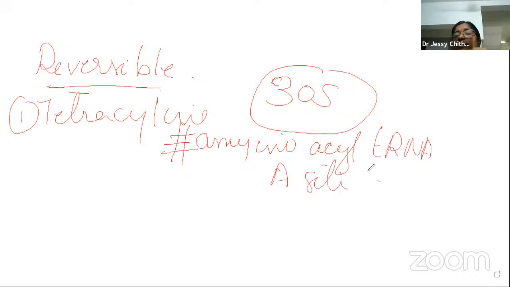Understand? They act on the 30S subunit by inhibiting the binding of aminoacyl tRNA to the A site. So that is the action of tetracycline.